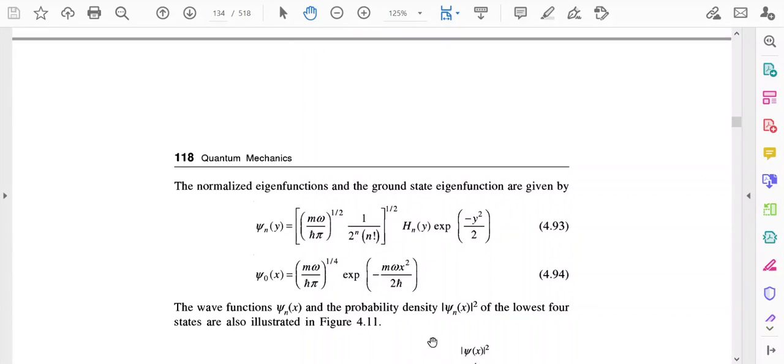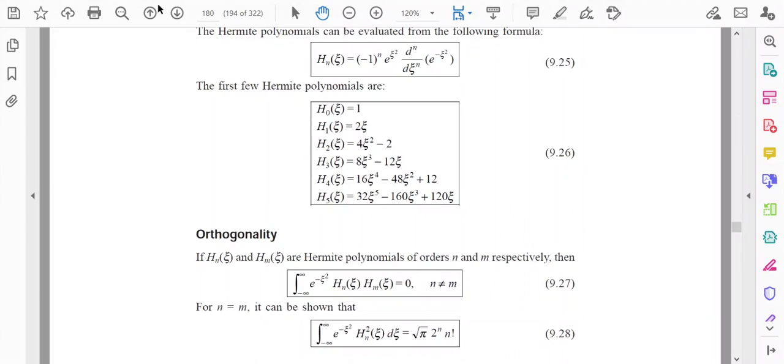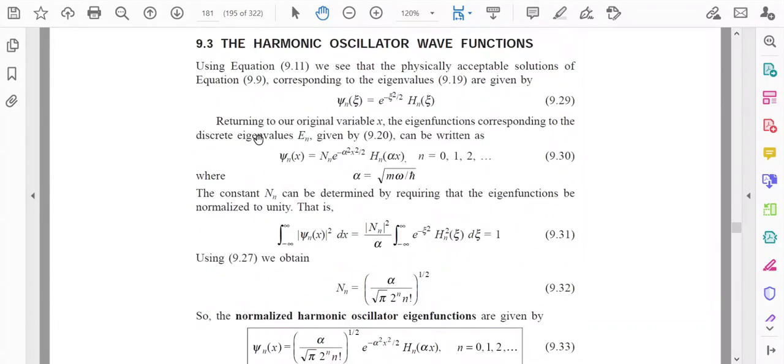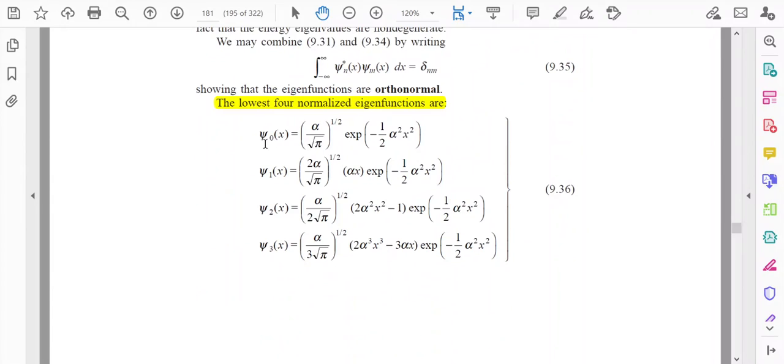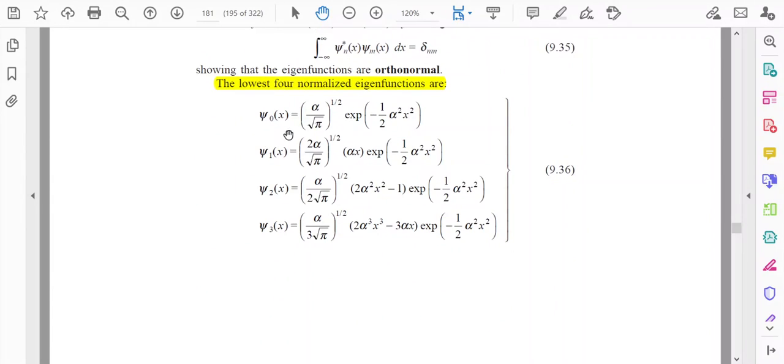In this way you can evaluate different expressions for the wave function for different states. For example, these are the expressions for the wave function for different states. This is for psi_1(x). What you have to do is know the Hermite polynomial for n equal to 1, and substitute H_1(x) in the expression of psi.